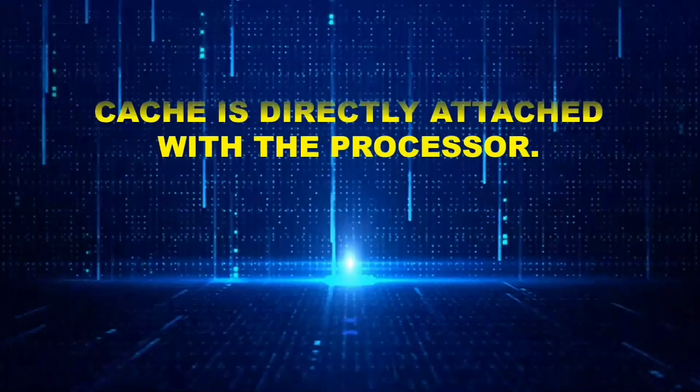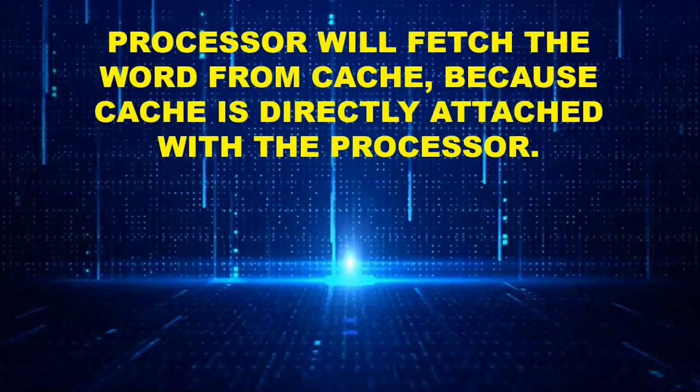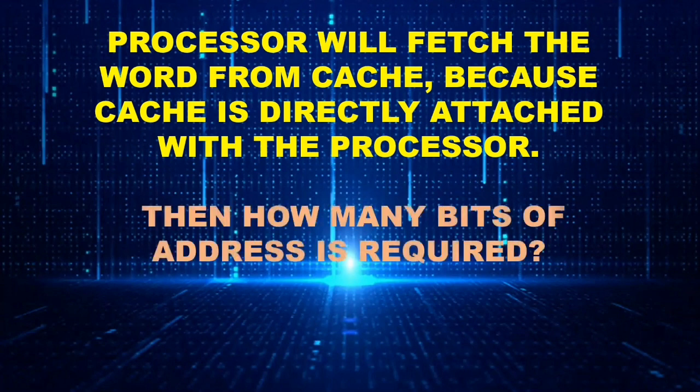Now the processor will fetch the word from the cache because I already told that the cache is directly attached to the processor. Then how many bits of address are required? We saw that if the processor wants to access a word from the RAM, there is a different address length and there are different parts.